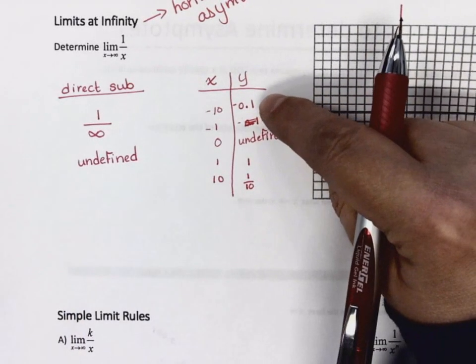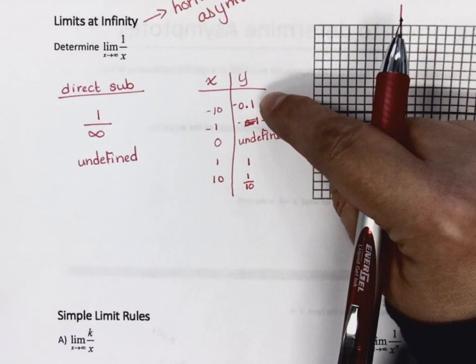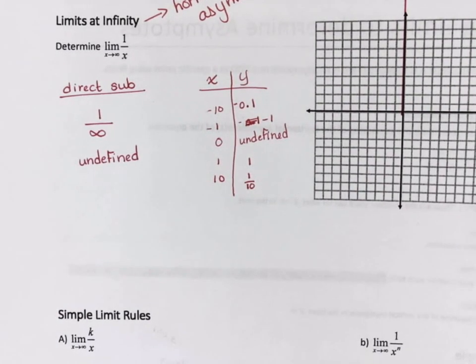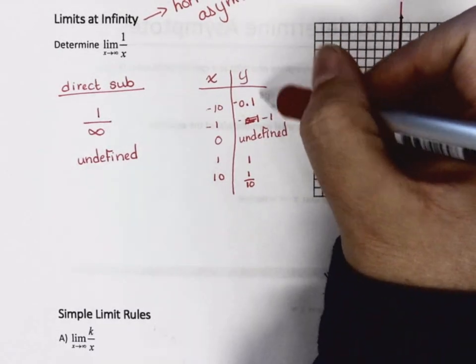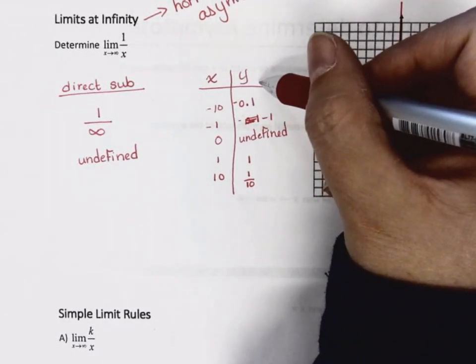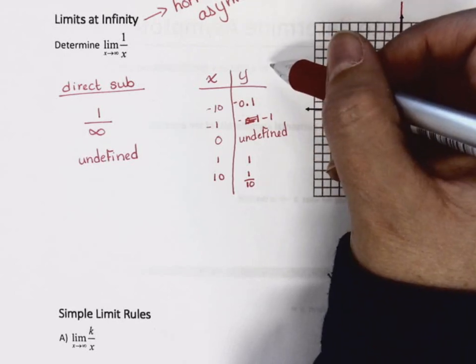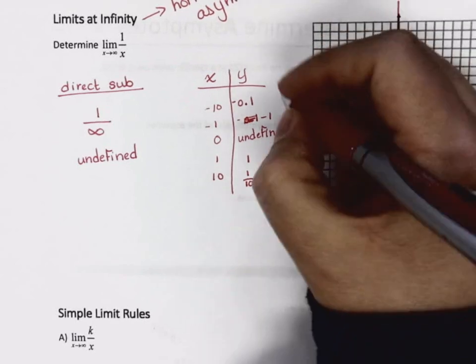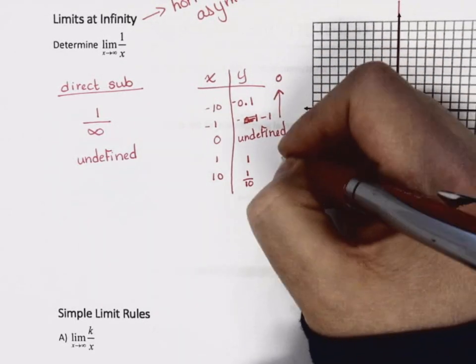So if we look at these numbers, we know that we're getting, like if we go this way, where are we headed to? We're at -1, we're at -0.1. Where are we going? We're going to 0. If we go this way, where are we going? We're headed to 0 here.